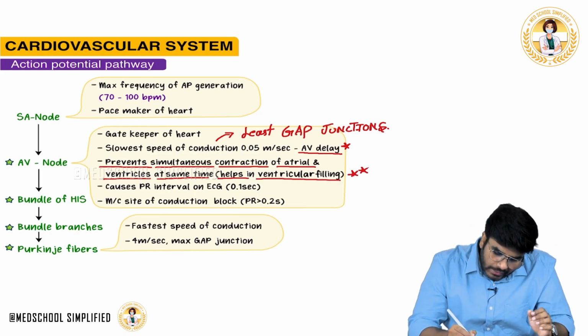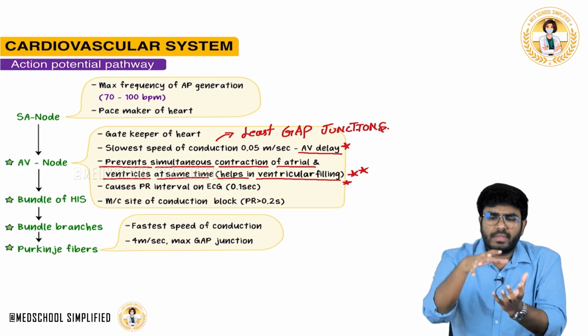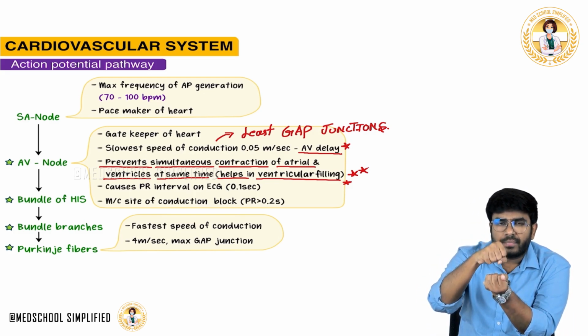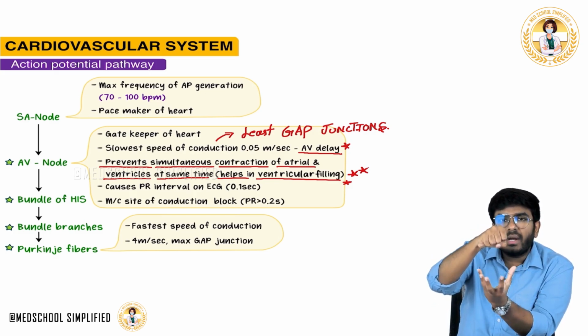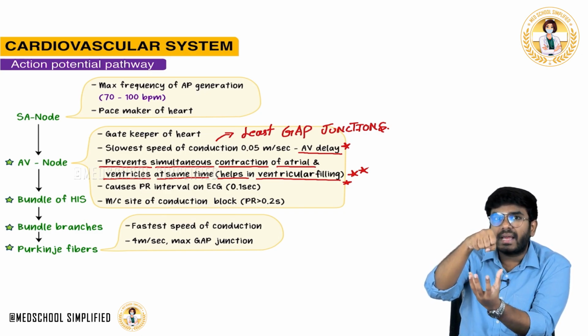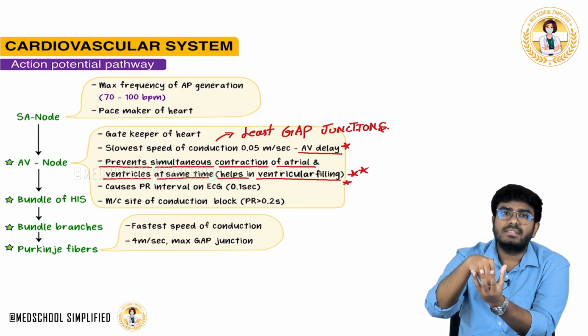So, what is this ventricular filling? See guys, what I have explained to you: first the atria should contract, then only the ventricles should contract. When the atria are contracting, what is the status of the ventricles? Ventricles are relaxed, right? So, when the atria are contracting, blood is moving from the atria into the ventricles.